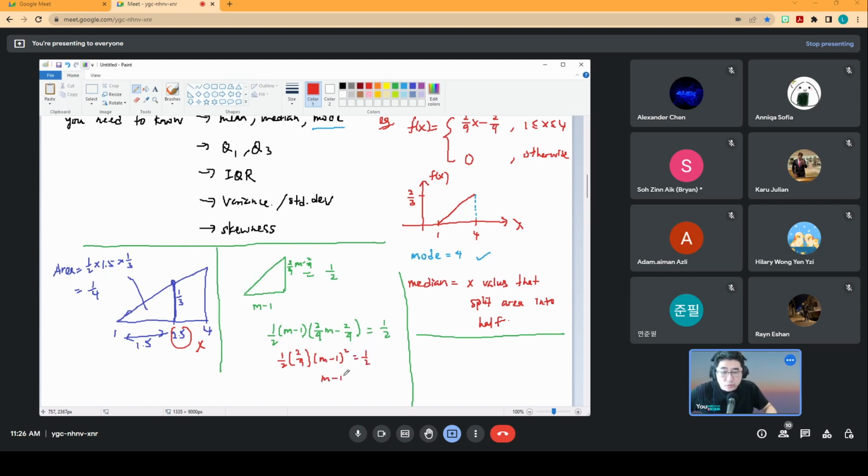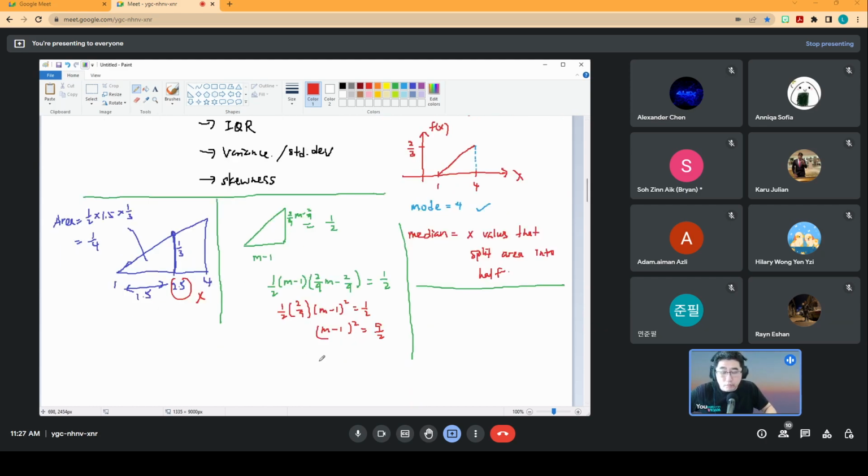So m minus 1 squared equals 9/2. So I have m equals square root of 9/2 plus 1, which is 3 over square root 2 plus 1.